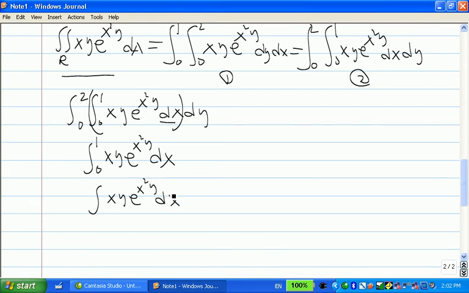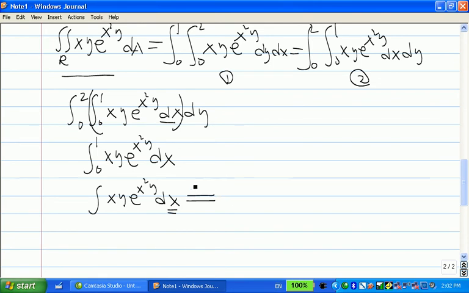Once you find this, you put it back here, replace your x by 0 and by 1, then you got it. Now let's integrate this one. Forget about 0 and 1 first. Now look at this integral. This integral is about x, which means you treat y as a constant. Think about y is 2, for example, or 1. So this is just a review of how we integrate a single integral.